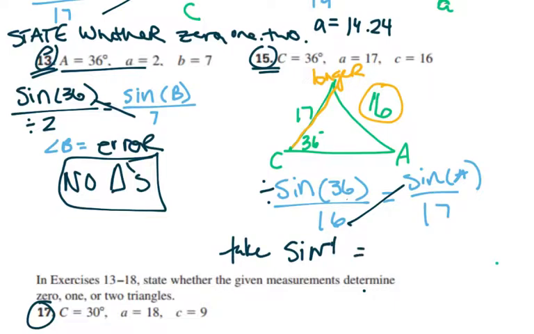And so if we take the sine inverse, that means that angle A is going to be sine of 36 times 17 divided by 16, sine inverse, and that works. Well, that's an 8. And so because that works, we can continue, and we'll end up with 2 solutions.